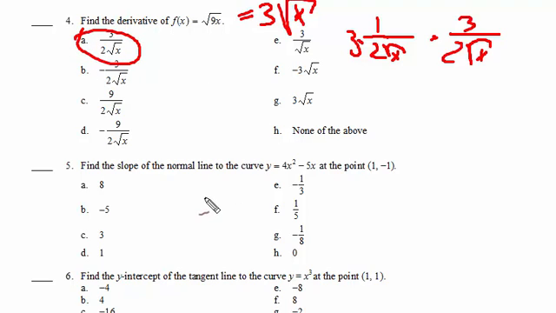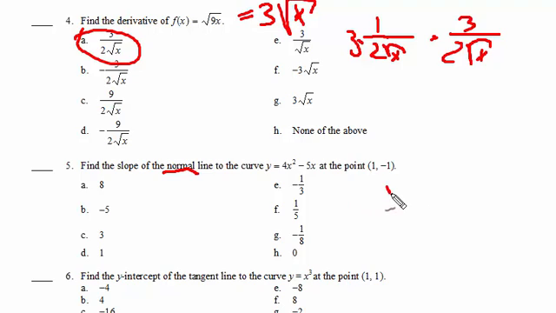Now, 5, find the slope of the normal line. This one's the normal line to the curve y equals 4x squared minus 5x at the point 1, negative 1. So we're using the same formula again that we had in number 1, the one from 2.6.